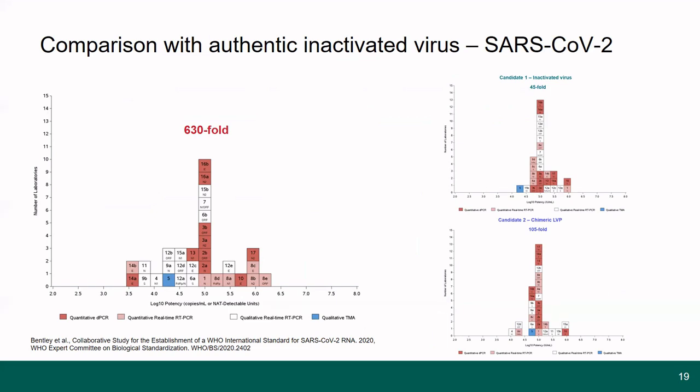And again, there is a spread of results of 630-fold. And then in the two panels on the right, you have the results harmonized to either the inactivated virus or the chimeric lentiviral particle. Admittedly, the inactivated virus works a little bit better, but in both cases, you actually see this harmonization of the results, suggesting that at least as an interim standard in an outbreak, this is a very good strategy.